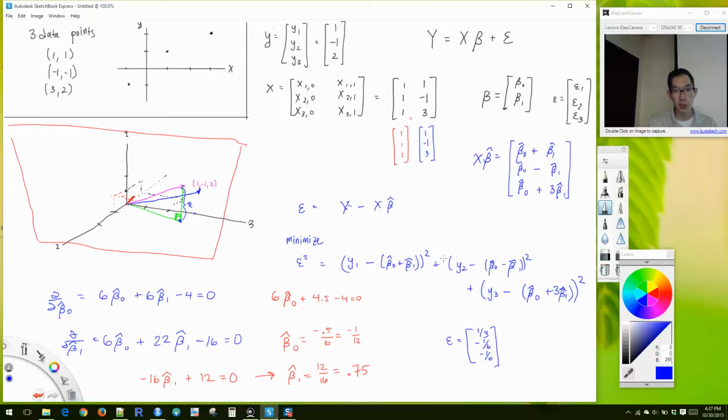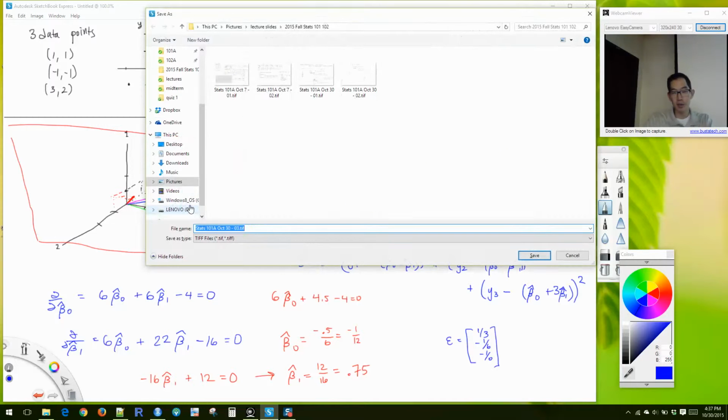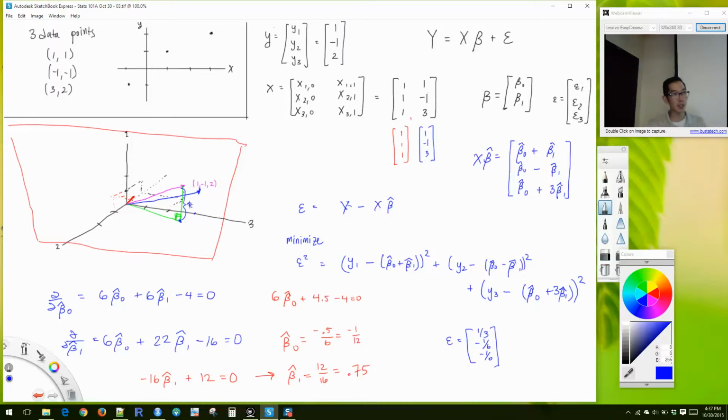But basically, we can generalize this to n-dimensional space where you have a vector. Your y vector represents all of your y data in n-dimensional space, and then you have your x vectors representing however many predictors you have.